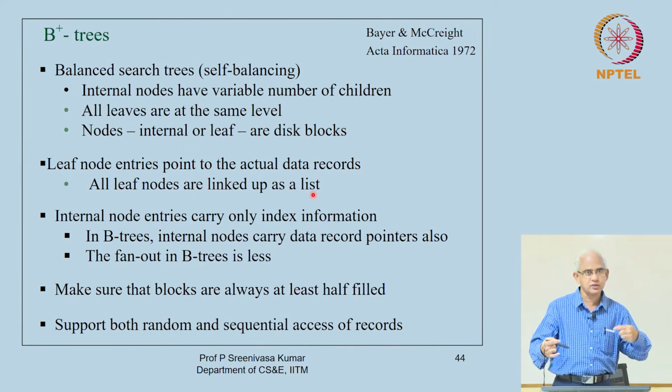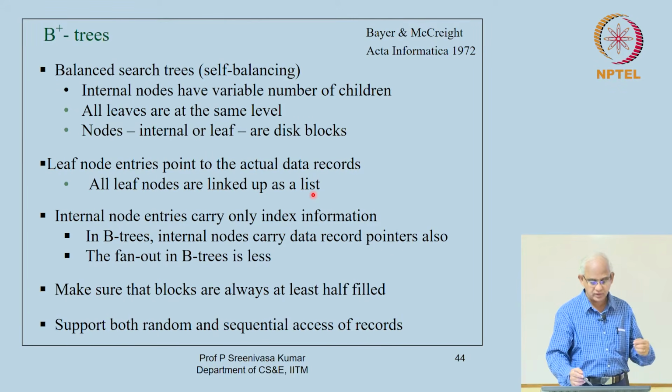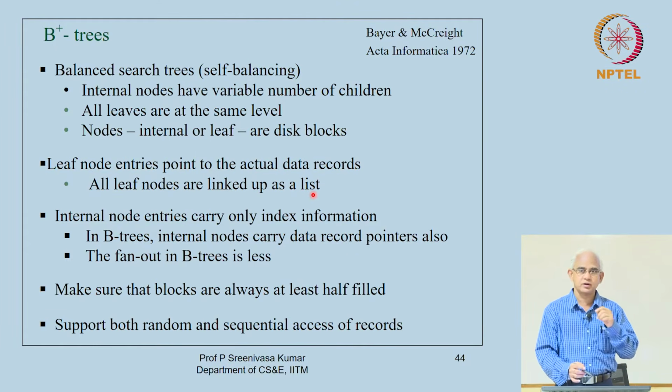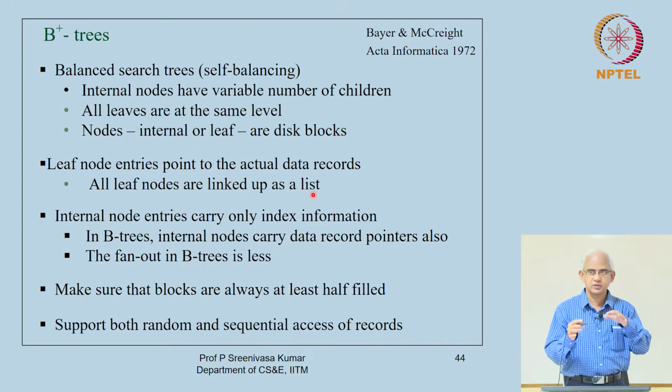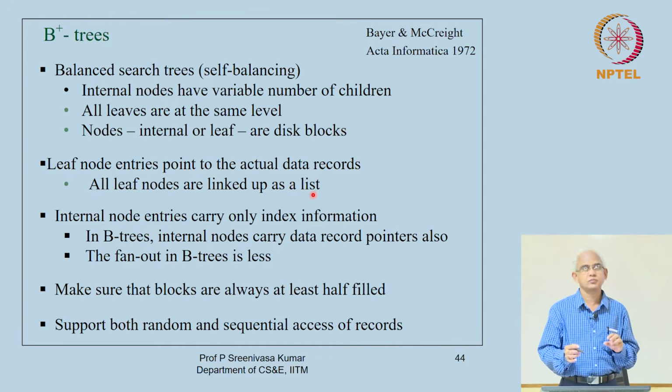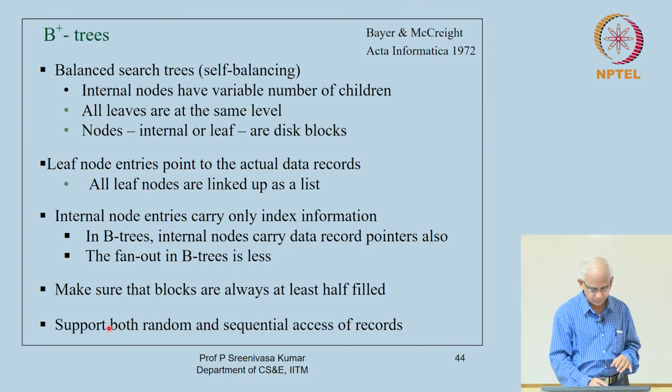So, I will chain up these leaf nodes, and that will provide in some sense a sequential access to all the data records in ascending order of the search key. I will show you how leaf nodes are linked up a little later.